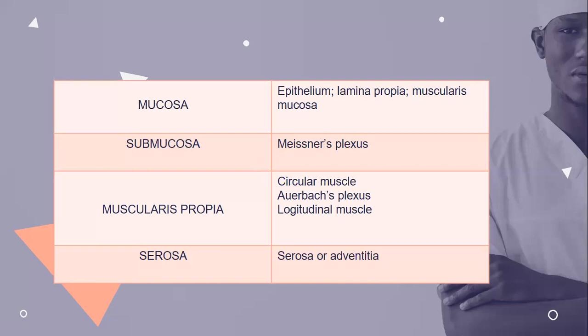And we have some common layers, which are the mucosa, submucosa, muscularis propria. Actually, there was a missing R here between the P and the I. And the serosa. Okay, so the mucosa has three main layers also: epithelium, lamina propria, there's a missing R also here, and the muscularis mucosa.